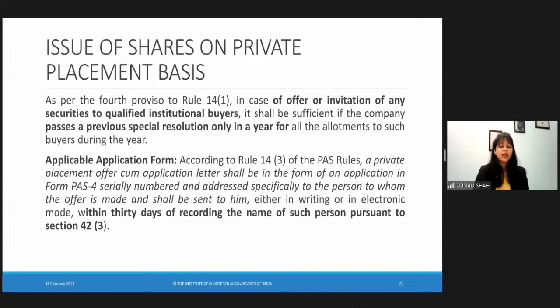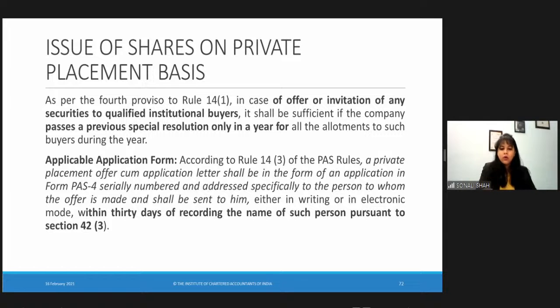So if the number of members has already reached 200, the company will not be able to offer shares to new people. It can further dilute the shares to its existing shareholders, or it can issue debentures, but it will not be able to issue shares to new members. New members will not be added beyond 200 in case of a private company. Is that clear, Surya?